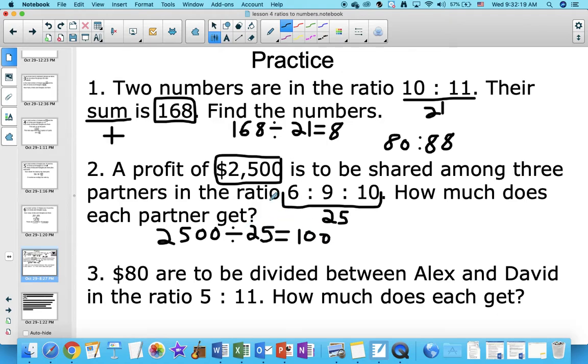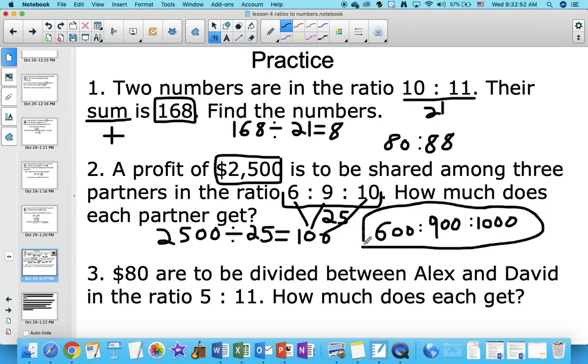And if I take that 100, I can now multiply my 3-part ratio by that number and get 600, 900, and 1,000. And now I can check my answer: 600, 900, and 1,000 add up to 2,500. Yeah. So now I know my answer is correct. I've unsimplified the ratio, and each person should be getting these values.